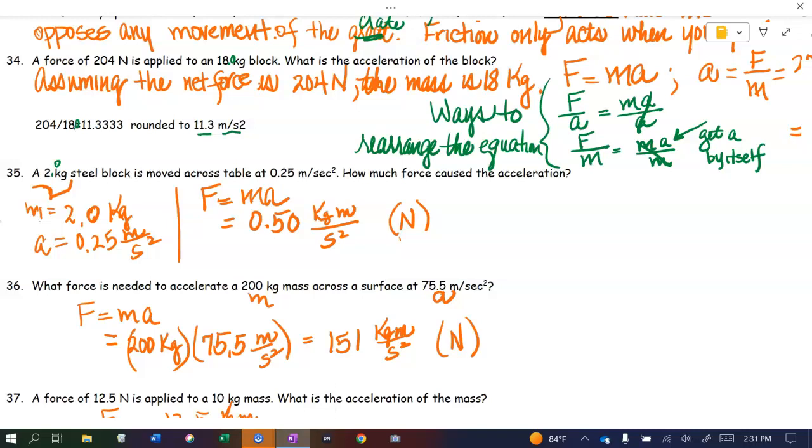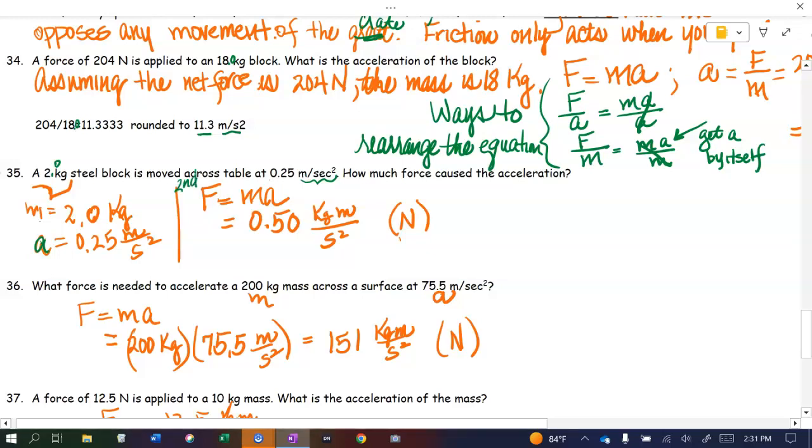The mass equals 2.0. If it moves across the table at 0.25 meters per second squared, well, this is the unit for acceleration, right? So that's how I knew that variable is acceleration. So I have the mass and the acceleration and need to find the force.